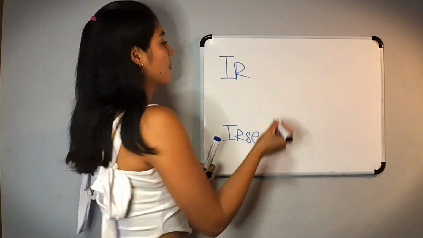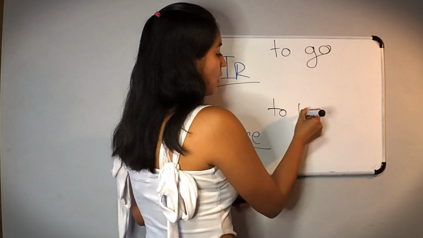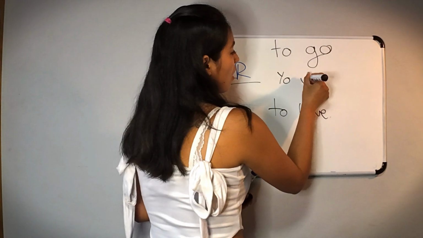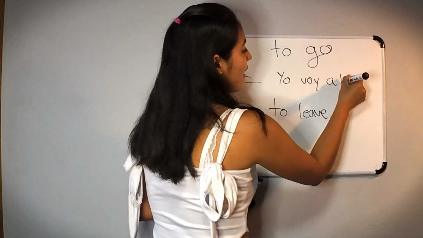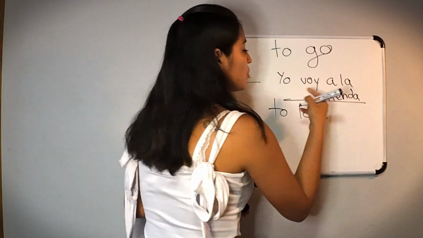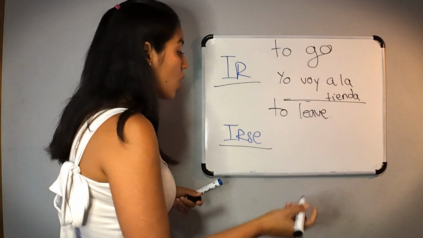So our verbs are going to be to go, to leave. An example: "Yo voy a la tienda." I go to the store. Okay, I go to the store. "Yo voy a la tienda."